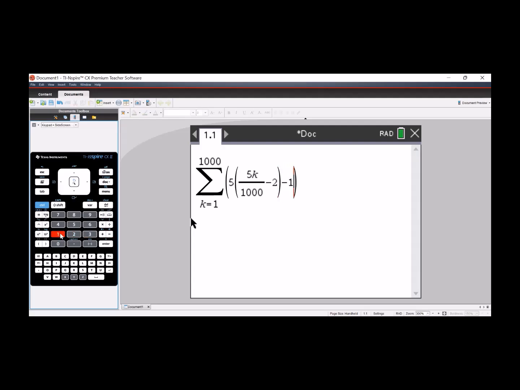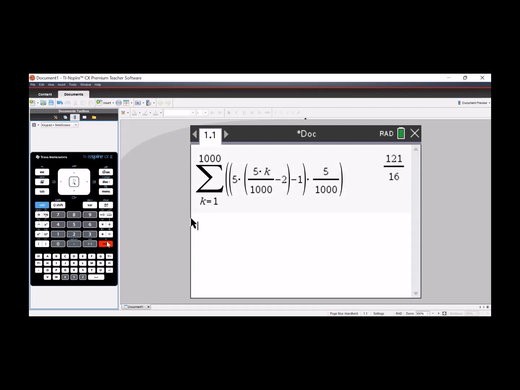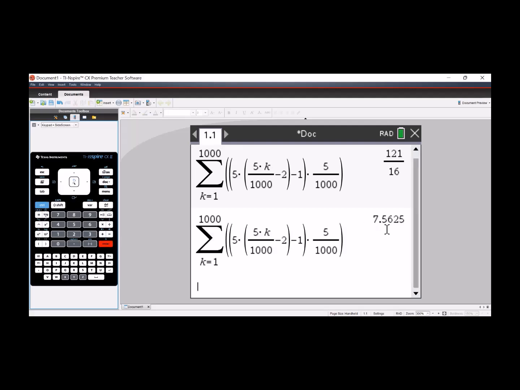Then we're going to close another parentheses, and we're going to multiply by the fraction 5 over, now instead of n, we're putting 1,000. We'll press enter, and that's the sum we got, which is a fraction. So I'm going to hit Control Enter so that we have it as a decimal, so we can see how it compares to our integral.